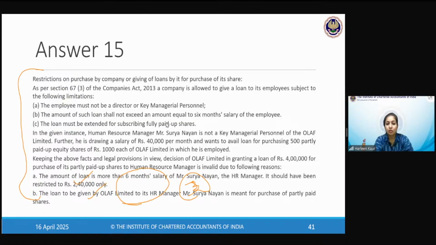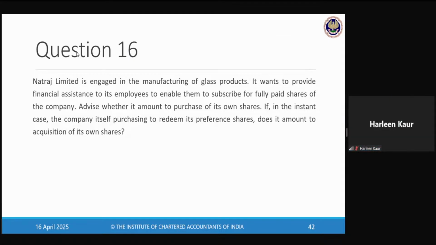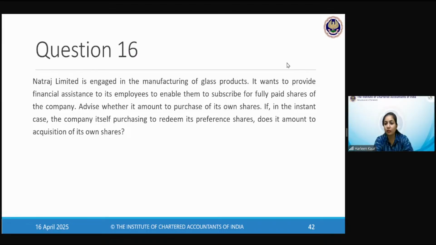All right. Let's do one more question so that you have better concept clarity. Natraj Limited is engaged in the manufacturing of glass products.